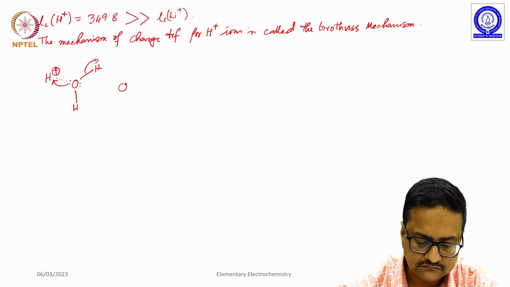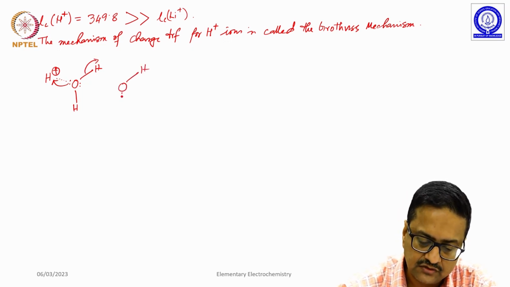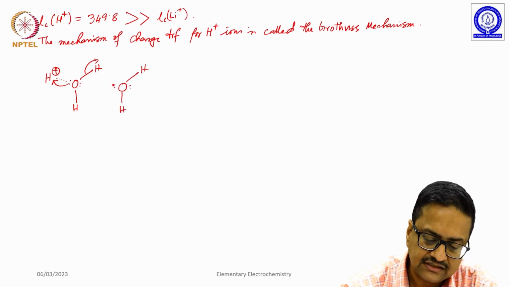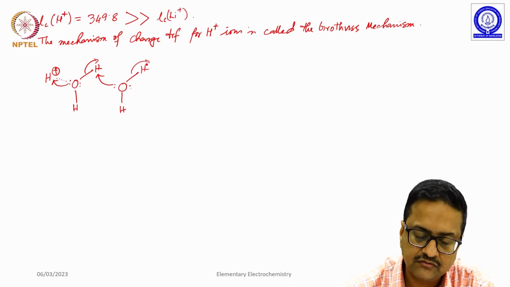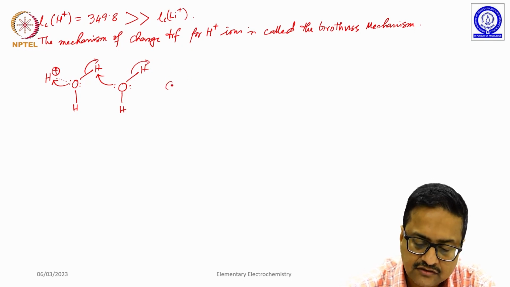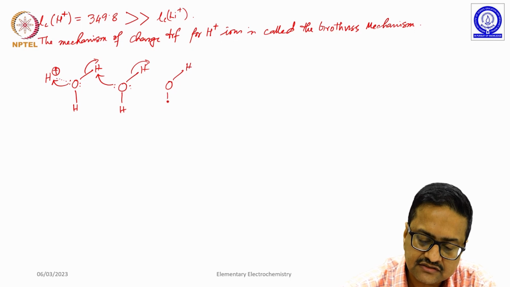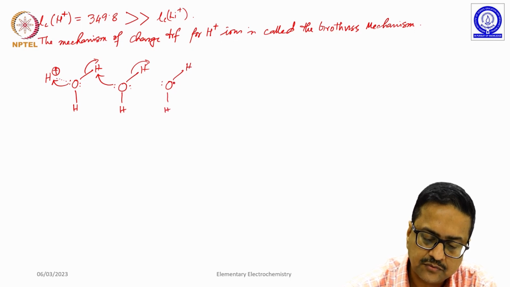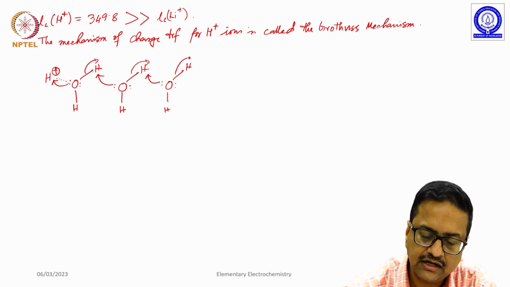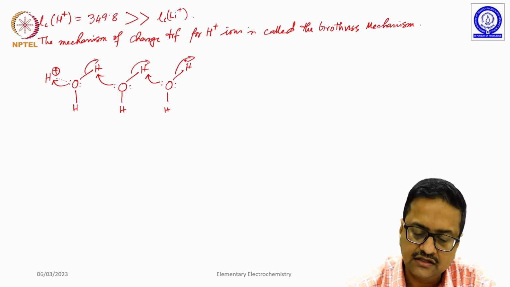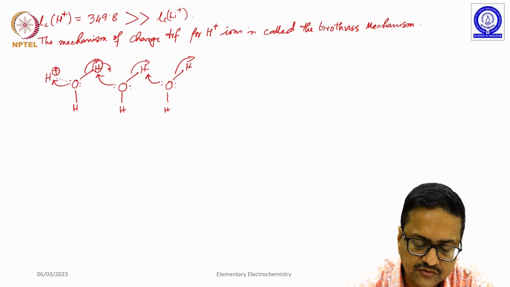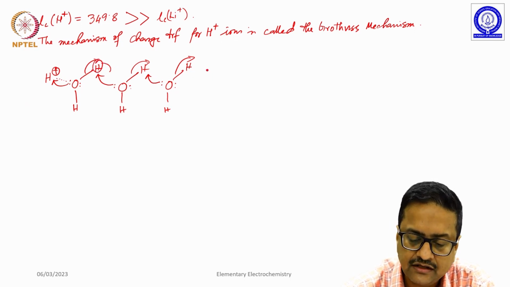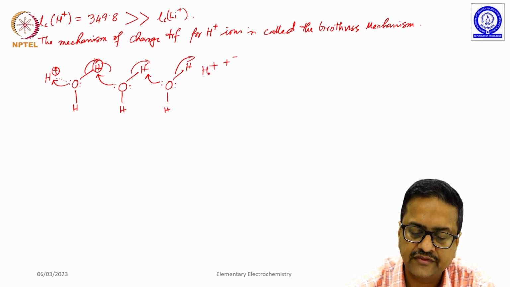Similarly, a neighboring water molecule will accept that proton and another proton will be removed. So like this, there is a very fast transfer of proton from one water to another water. This H+ moves out, leaving the electrons back, so you end up getting an H+ ion at the other end.